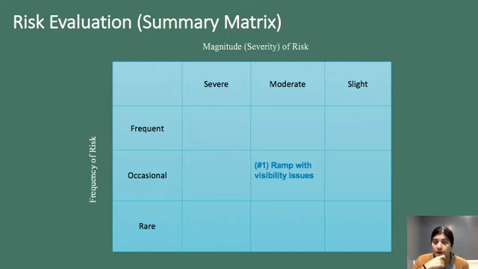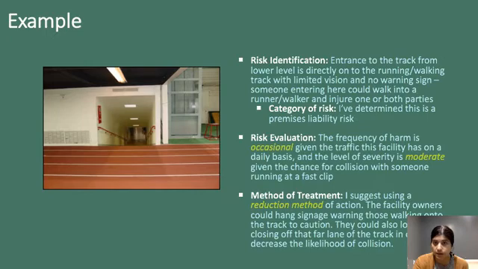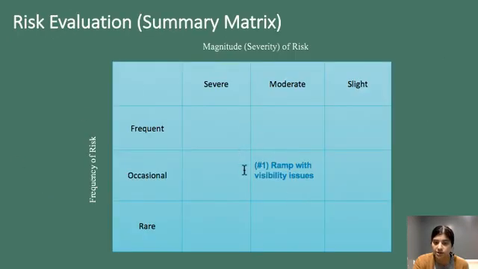Okay, one other thing I wanted to mention is the implementation of the summary matrix, right? We introduced this as a concept when we were looking at risk evaluation in the first video, but I just wanted to mention that once you have gone through these steps 1 through 3 of one particular risk, this is what it looks like to insert the risk onto your summary matrix.